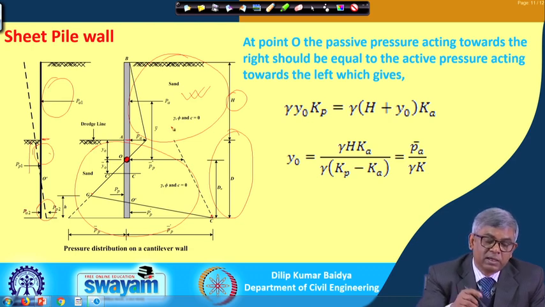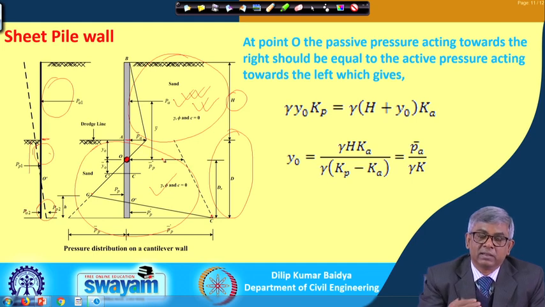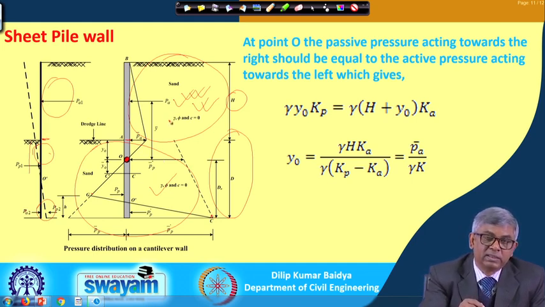So, that means you can have different combinations: sand continuously, sand here, then one type of analysis. Then again, sand here and cohesive soil here, then there will be another type of analysis. And if it is cohesive at both places, that is also another type of analysis, but that is rarely used because cohesive soil in this zone will hardly be used.